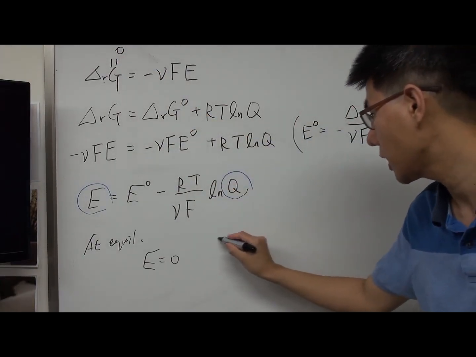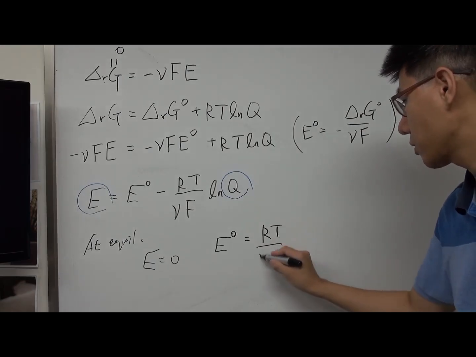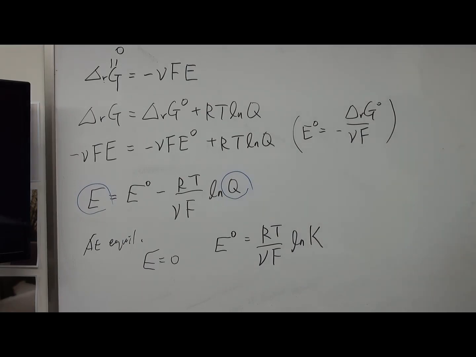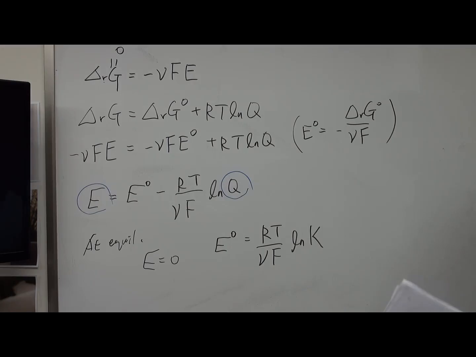So what you get is E naught is equal to RT over nu F ln K, which is very important.